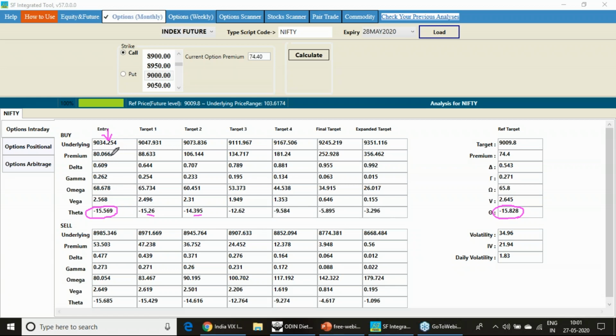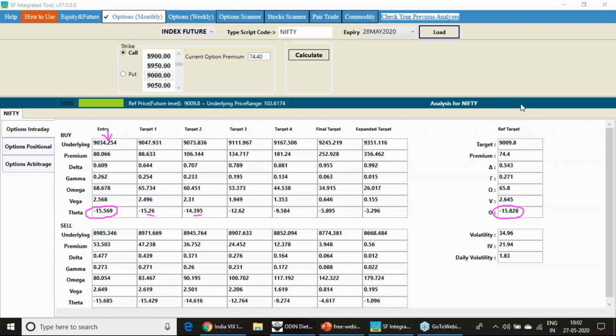How much theta is deducted from this premium calculation? 15 rupees 60 paisa. How much theta is deducted? 15 rupees 26 paisa. How much theta is deducted? 14 rupees 40 paisa. So whatever theta value is there, it is being dynamically deducted from this premium. So here that dynamism is available, and you can take the benefit of that.